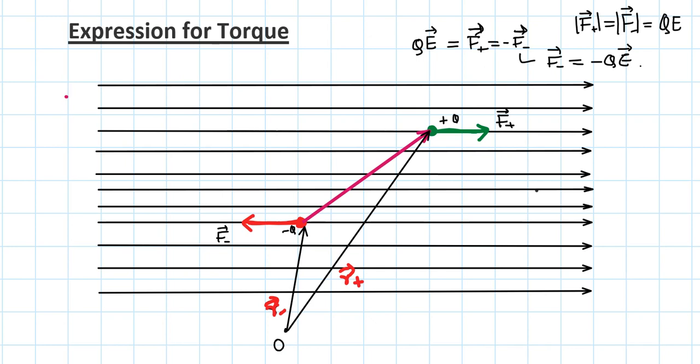So now what is torque? The torque acting on this system is actually the sum of all the moments of forces on the system. So you have to find the moment of each force. So what is a moment of force? I will mention that right now.